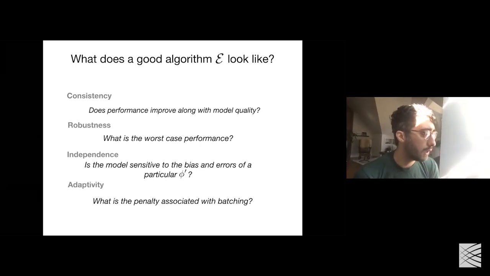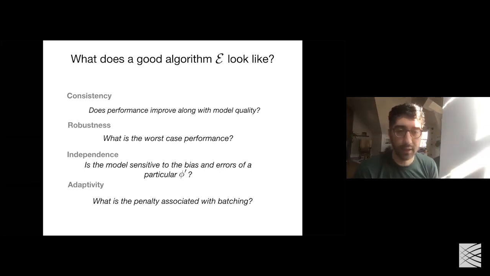Then finally, there's a confusing concept, adaptivity. This word comes from parallel computing. The basic idea is, what is the penalty associated with batching? So let's say I have 1,000 samples to attempt in the ground truth landscape. I can do this one by one. And in that case, every time I sample some sequences, I can update my model and do it again and again.